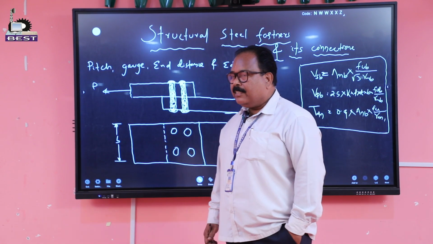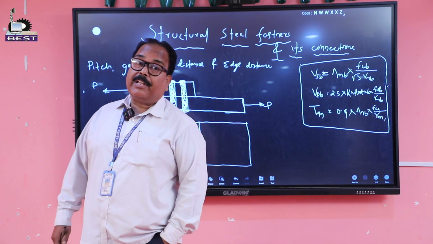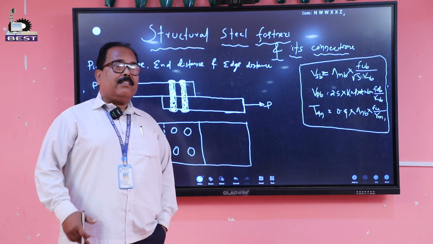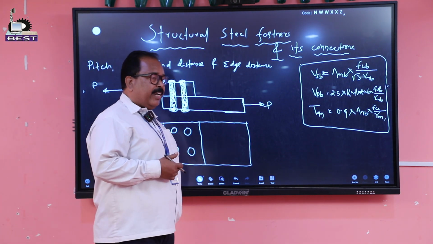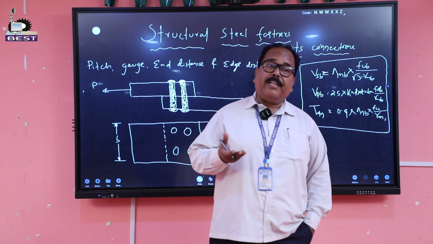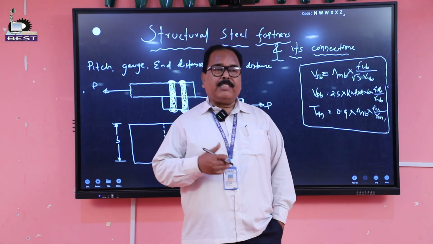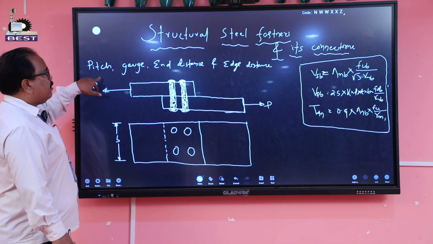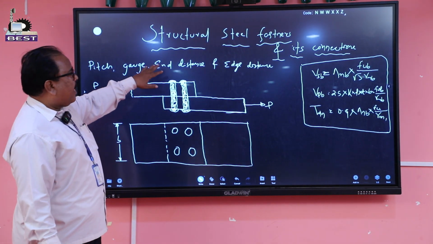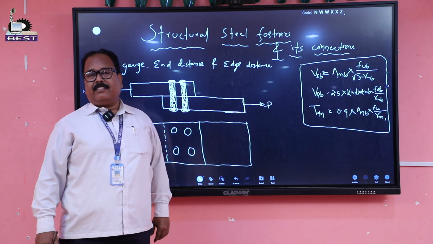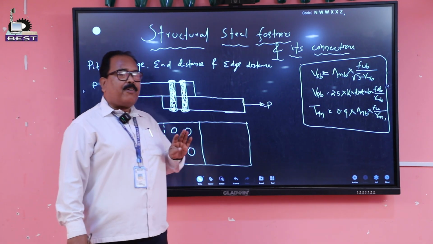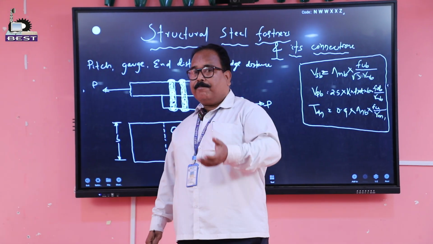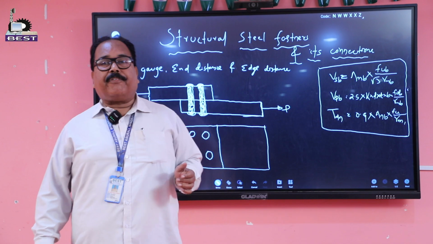Before going to bolted joints, there are some definitions you have to know, otherwise in the design section you will be confused. These four are pitch, gauge, end distance and edge distance.